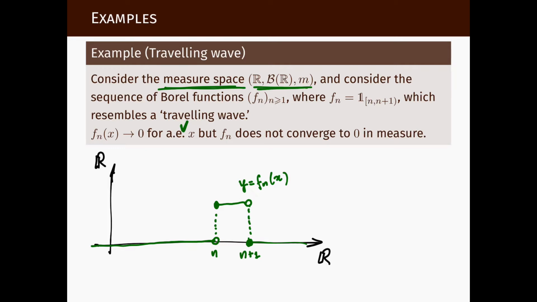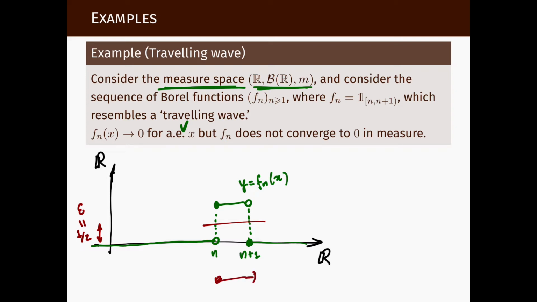However, if here we take epsilon equal to 1/2, and we see when this function is different from 0 by more than 1/2, we get this whole set here.